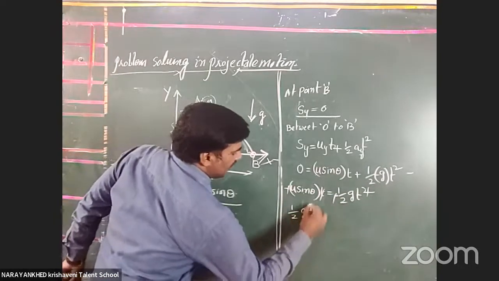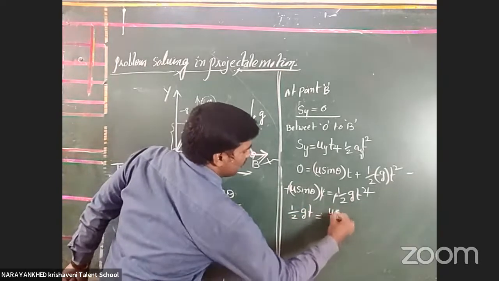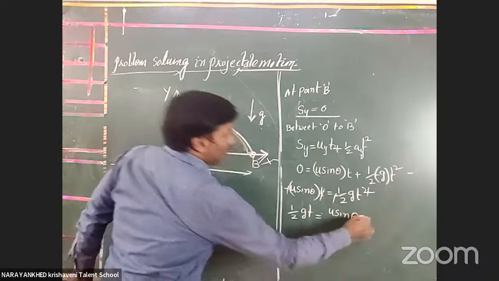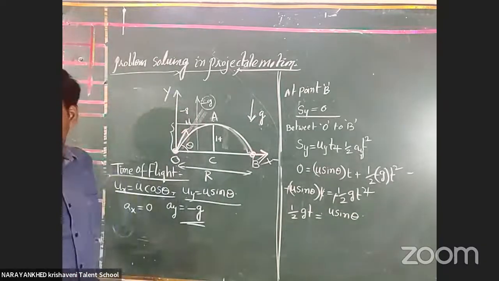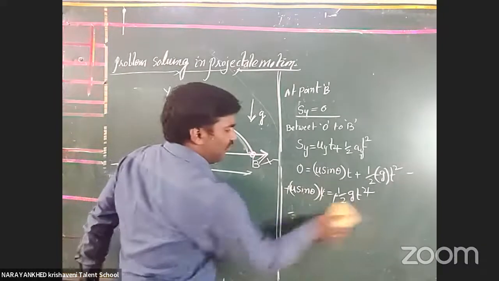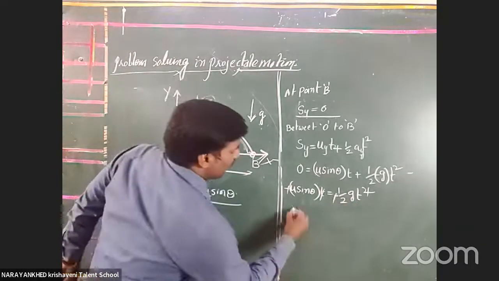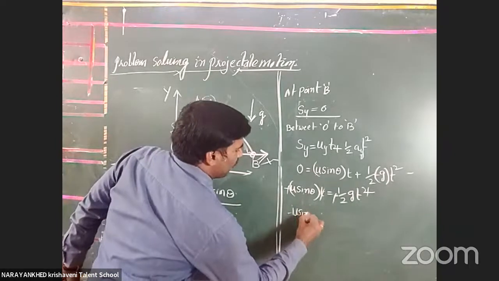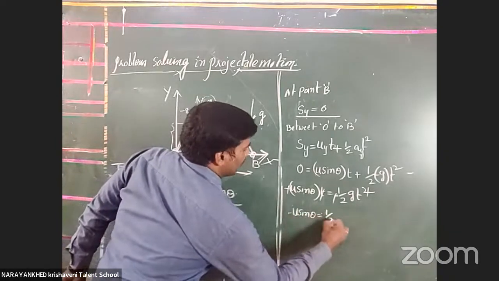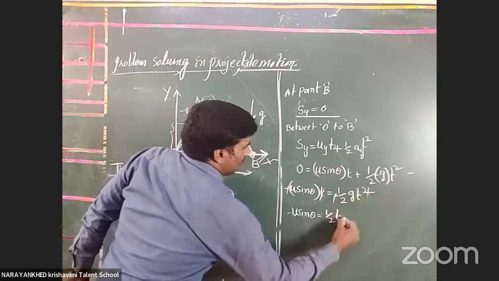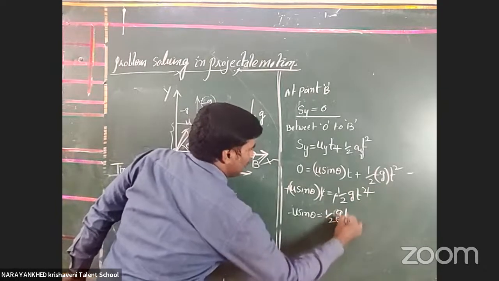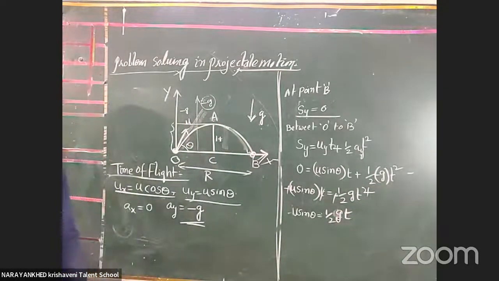Half g T is equal to U sin theta. Readable or not? If you have any doubt, I am writing it like this: U sin theta is equal to half g into T. Readable or not?